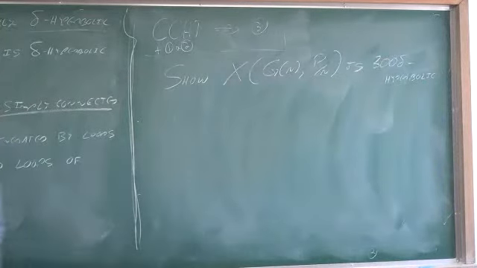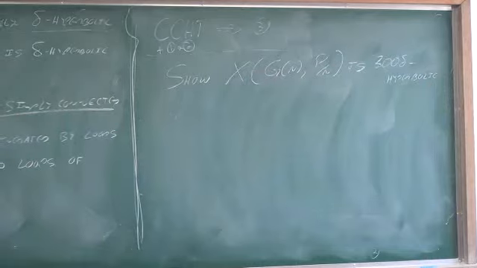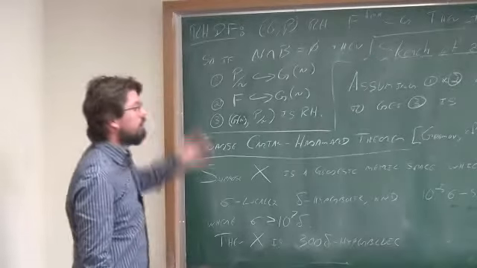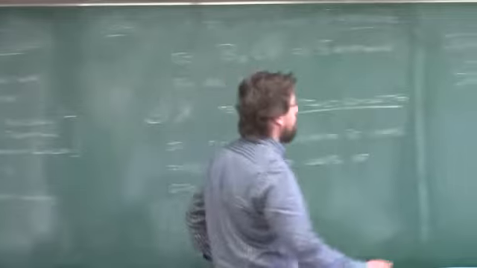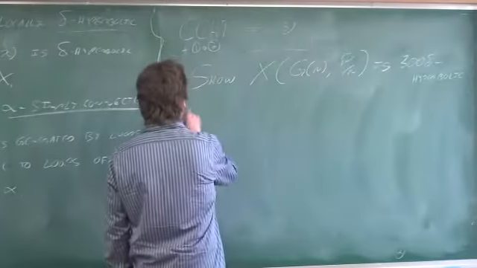Now, by appropriate choice of n, I can ensure that, right. Well, let me say it this way. So there's a quotient map.